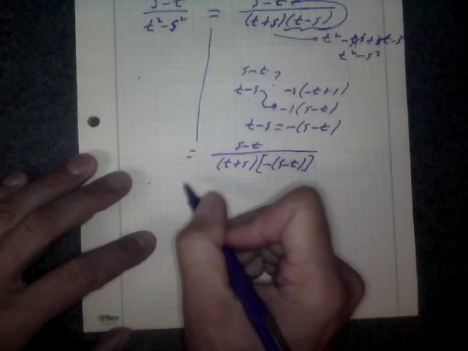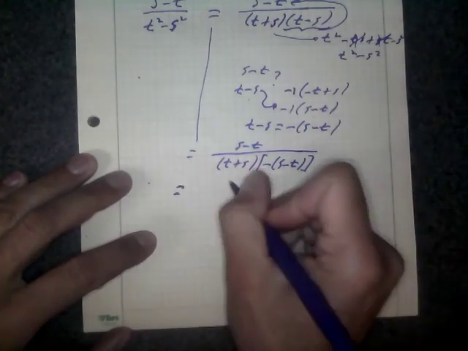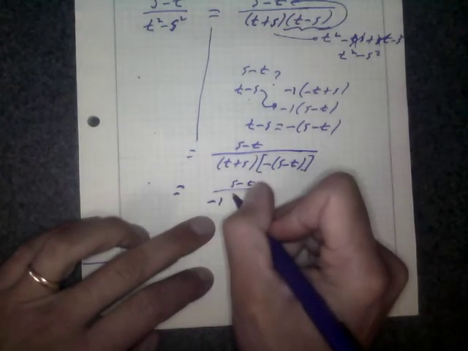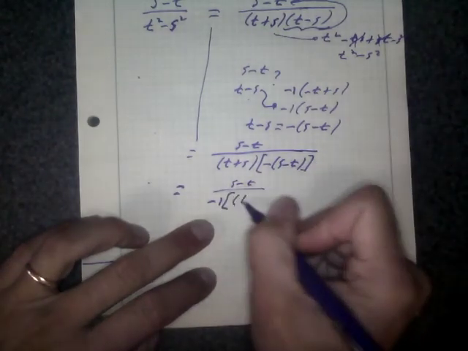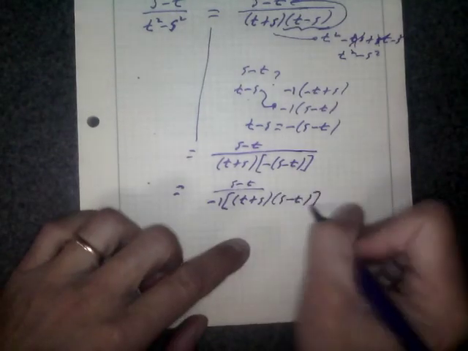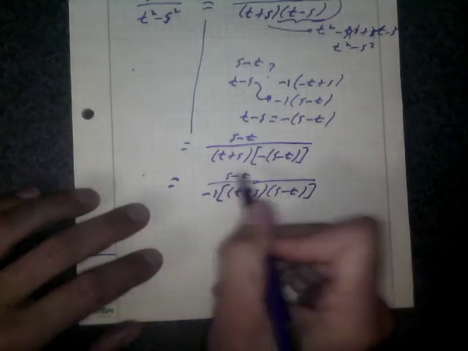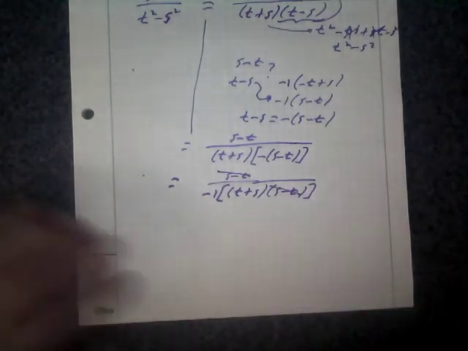Let's keep working on it now. This negative sign here is almost like a negative 1, so let's pull it all the way out in the front. I still have the s minus t in the front, and if I pull the minus 1 out in the front and put a big square bracket to denote my whole denominator, this will be t plus s, and then s minus t. Now you can see some big cancellation happening. The s minus t in the top cancels that s minus t, and it's gone.